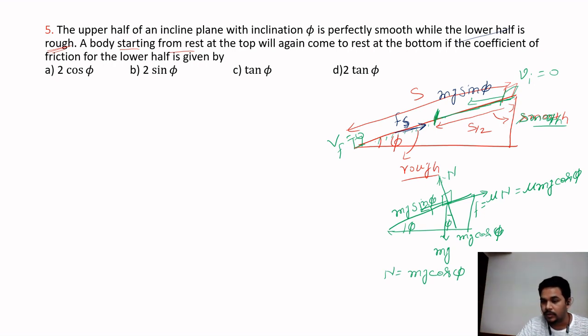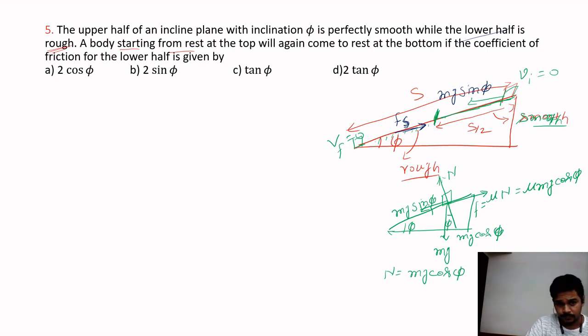So work done by the normal and mg cos phi will be 0, because the angle between force and displacement is 90 degrees. But that will not be the case for mg sin phi and friction.